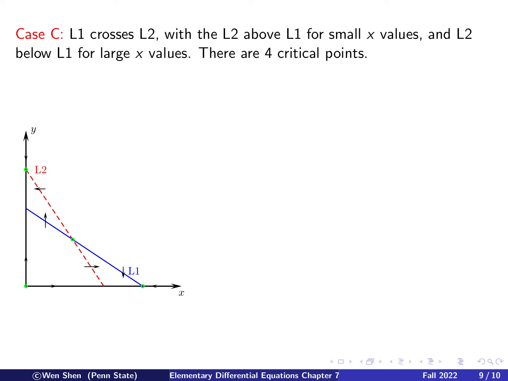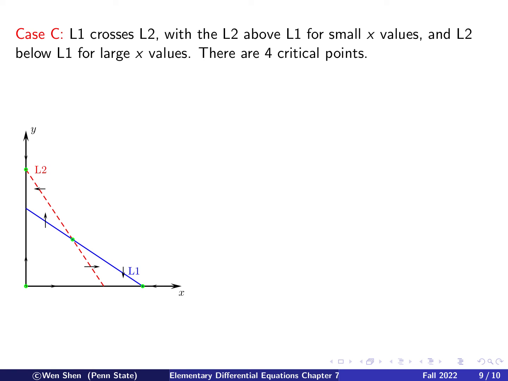There is another critical point here, and we know that along L1, the directional field is a vertical line. To determine the direction, on the left of the critical point, L1 is below L2, so y prime is bigger than 0, so I have the arrow going up. And on the right of the critical point, L1 is above L2, so y prime is less than 0, so we have the arrow pointing down.